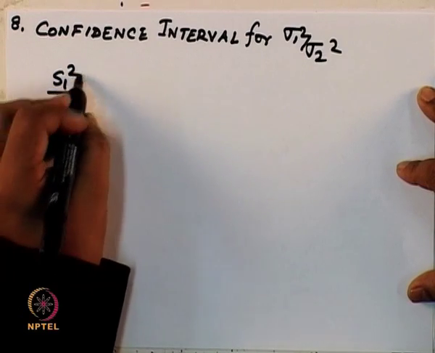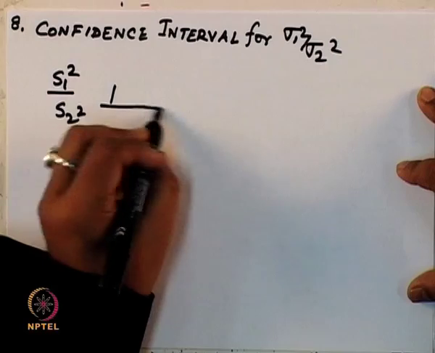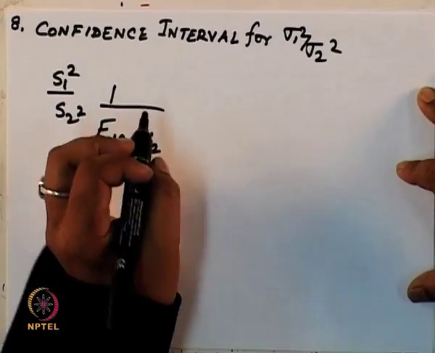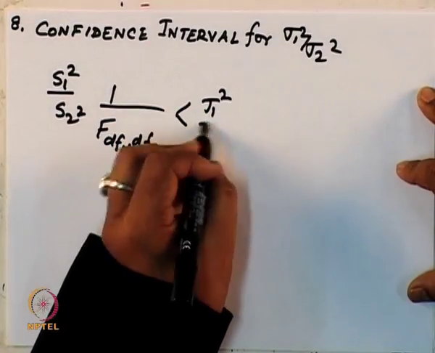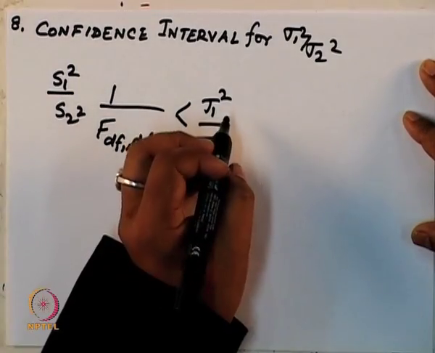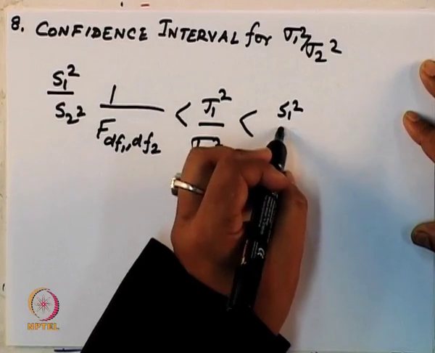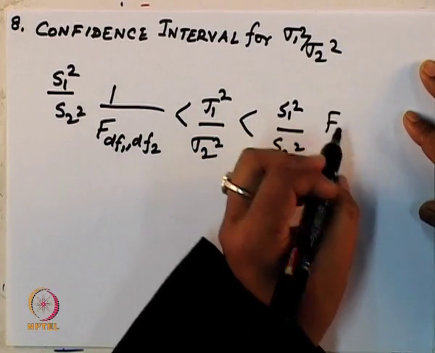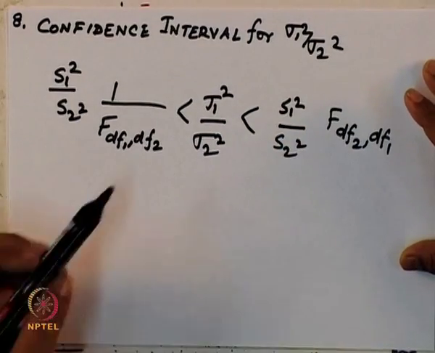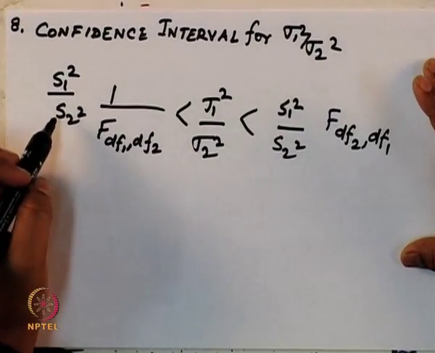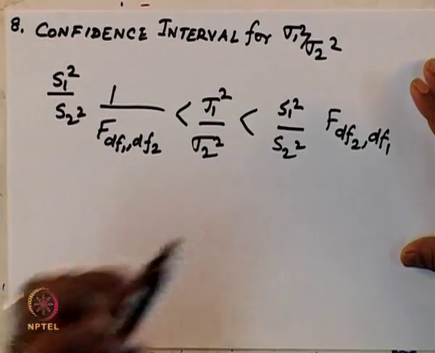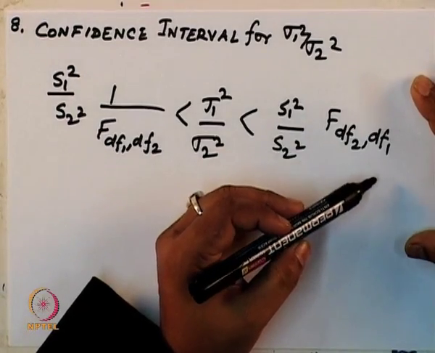You have sigma 2 square. So what you see are two different terms, s1 square by s2 square into 1 by capital F of df1 comma df2, and the other one is F of df2 comma df1.